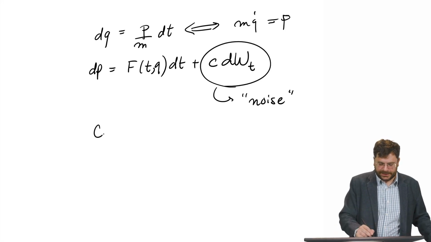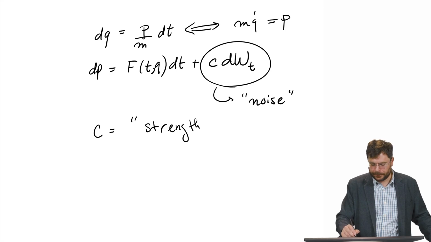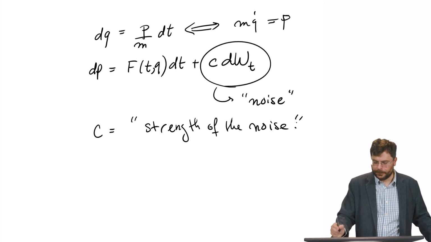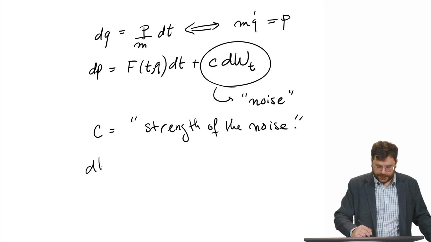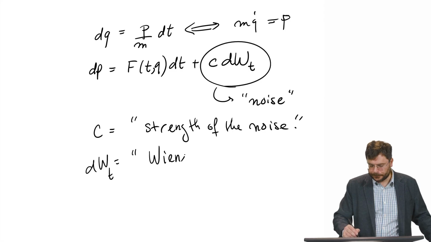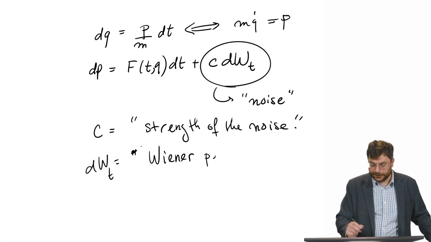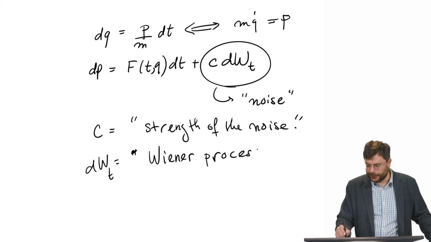Now, in some sense, C will be related to the strength of the noise, and the dWt, the reason it's called W is because, this isn't a quote, this is actually what it's called. It's called a Wiener process.